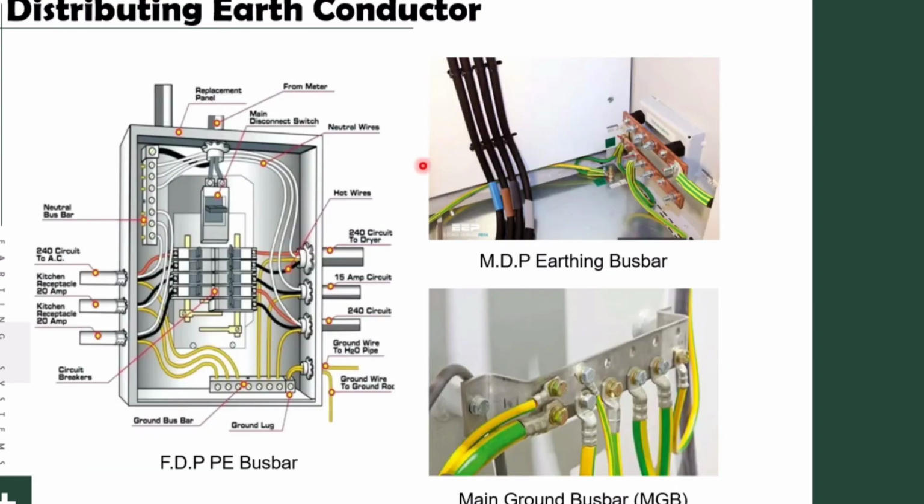And here, if we want to talk about distributing earth conductors, for the main distribution panel there is an earthing bus bar. It receives the conductor coming from the earth pit here, and after that I can distribute to my final distribution panel or sub main distribution panel.